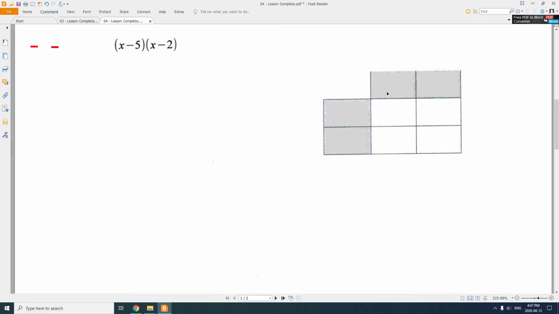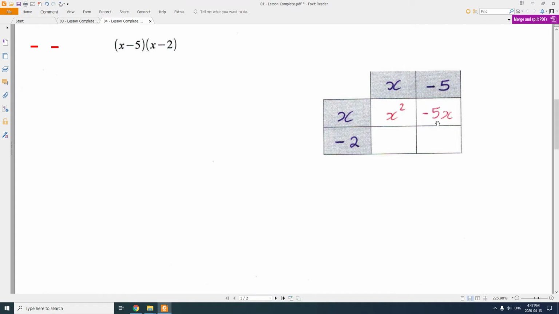So first one, using the chart, I'm just going to copy each bracket into the columns and then the rows. So x minus 5 is my first bracket. x minus 2 is my next bracket. And now I go through, multiply each row with each column to fill in the table. x times x, x squared.